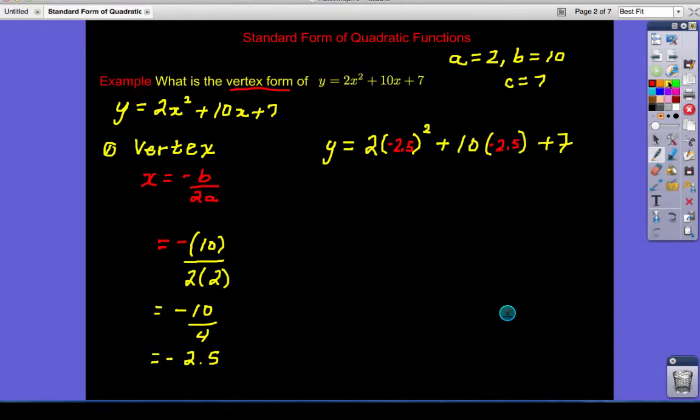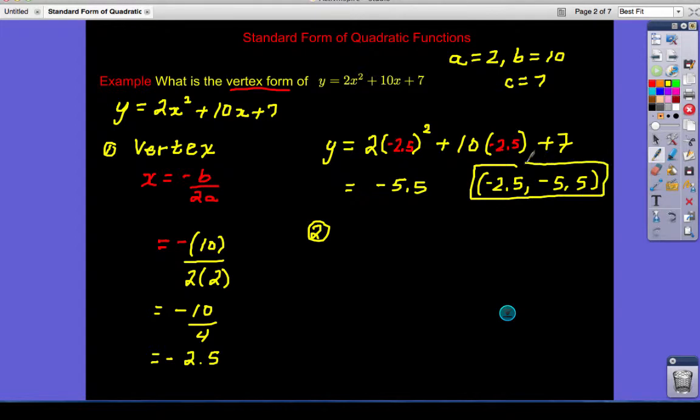I plug that in, and when I simplify that, I get negative 5.5. Now that I have my vertex, the vertex here is negative 2.5, comma, negative 5.5. I'll box that so I know there's my vertex.